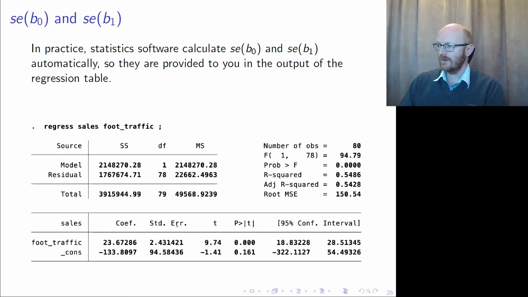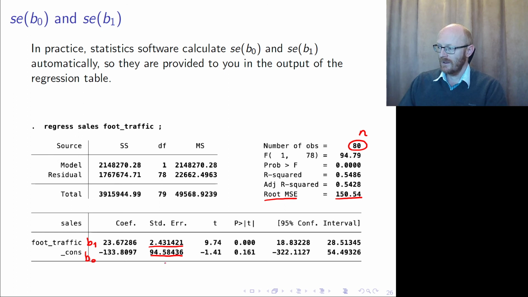So, for example, if we continue our example, we have the number of observations, the n, which is 80 in our data set, and we have the root mean squared error of 150, and what we also have is the standard error of the slope, the b1, and we have the standard error of b0, the intercept.